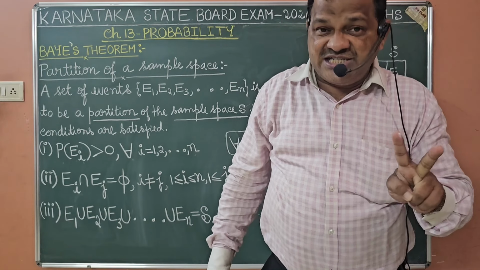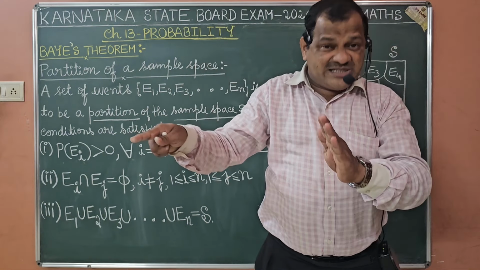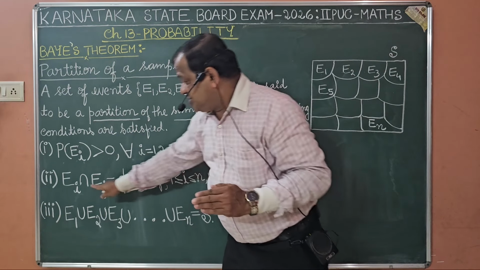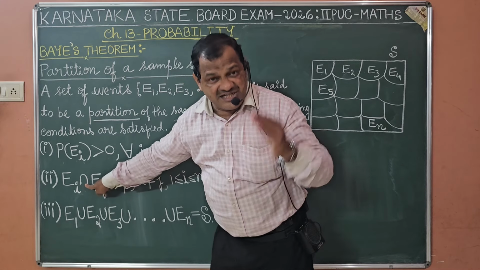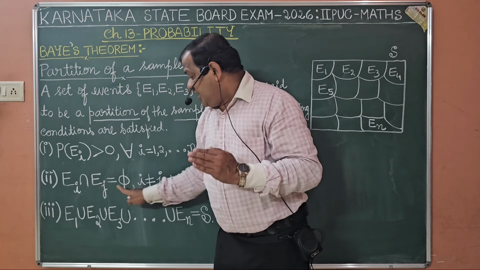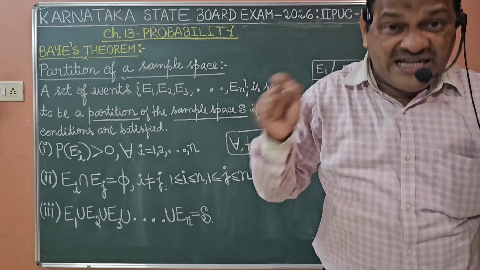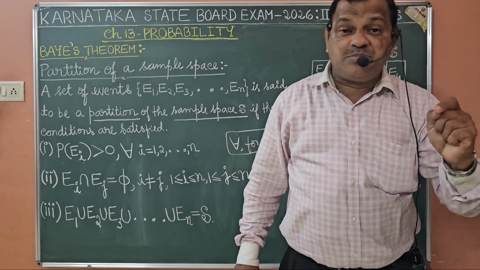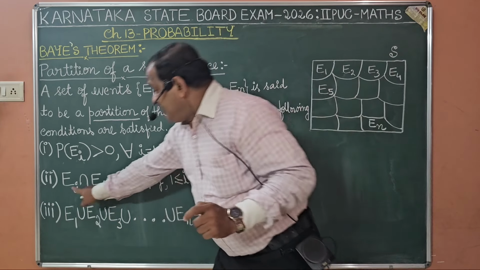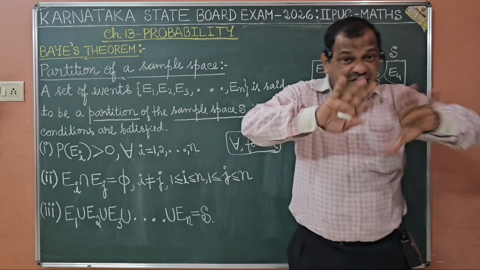The second condition is when you take the intersection of any two events. In general, I have written Ei intersection Ej, where this symbol is intersection, and it should be a null event, an impossible event. The meaning is that no outcome should be common to Ei and Ej, where i and j are not equal, they are different events.